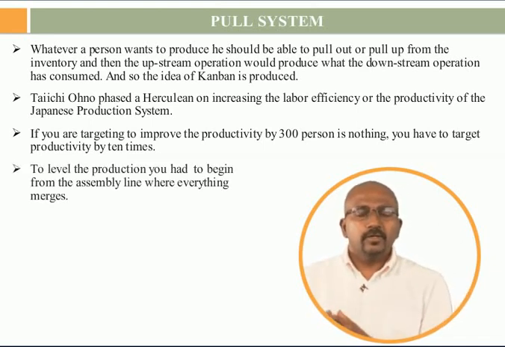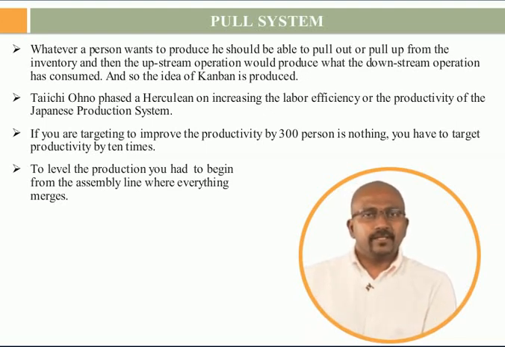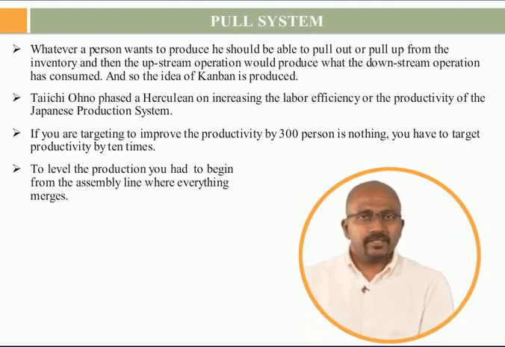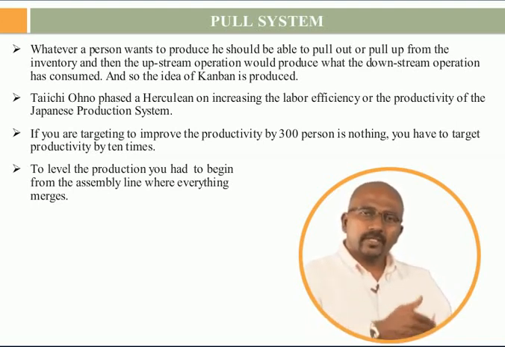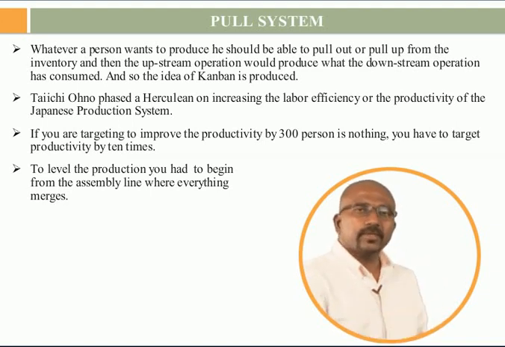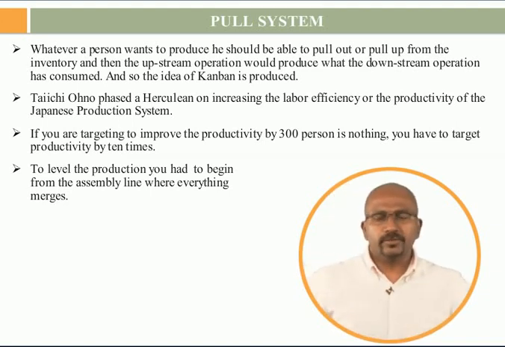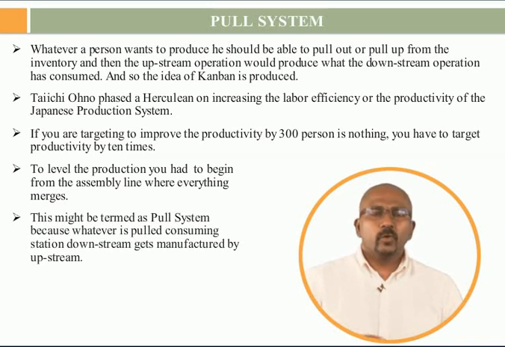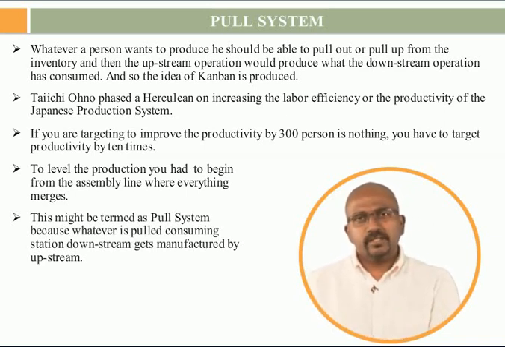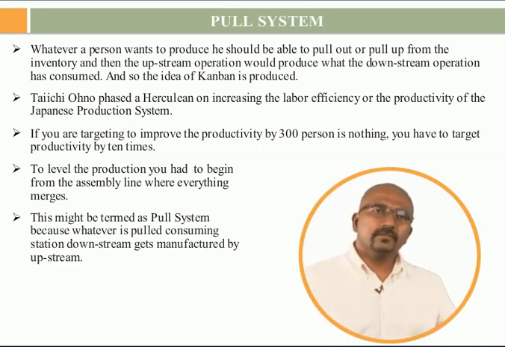You had to begin from the assembly line, where everything merges. And whatever the assembly line needs will be supplied to it, and whatever needs to be supplied to the assembly line will be produced by the subsequent lines, and so on so forth. This might be also termed as the pull system, because whatever has been pulled by the consuming station downstream gets manufactured by upstream.